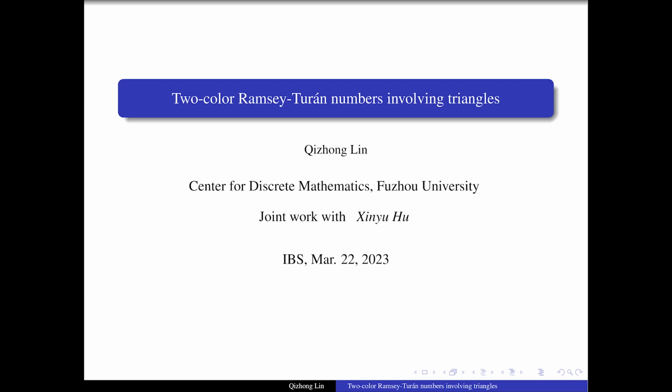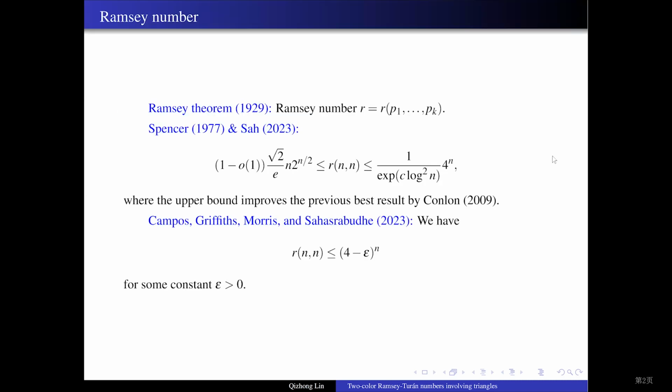So today I will introduce two new classical Ramsey-Turán densities, and this is joint work with my student Xinyu Hu. We know from Ramsey theory that for any k integers p_1, ..., p_k, there is a minimal integer n called the Ramsey number, such that any k-coloring of the edges of the complete graph K_n contains K_{p_i} in the i-th color for some i.